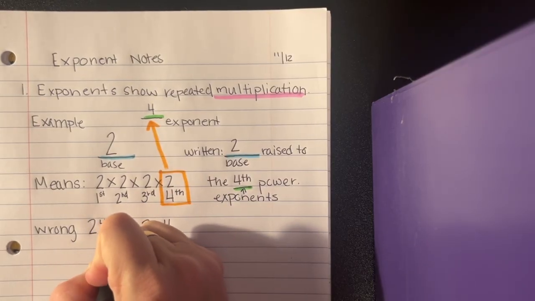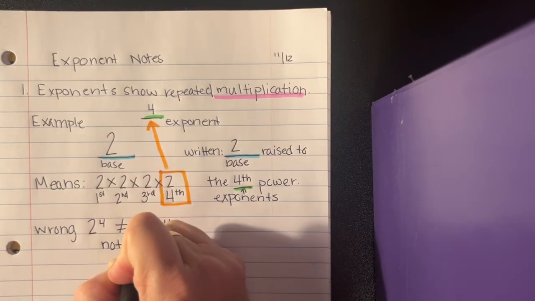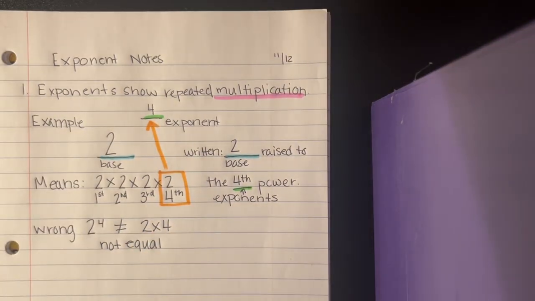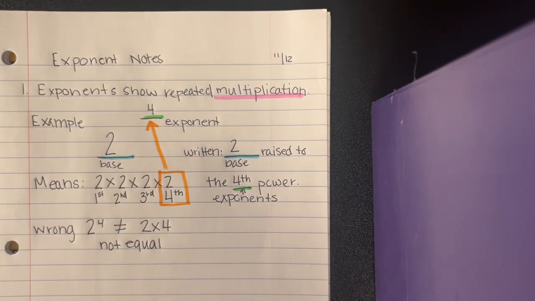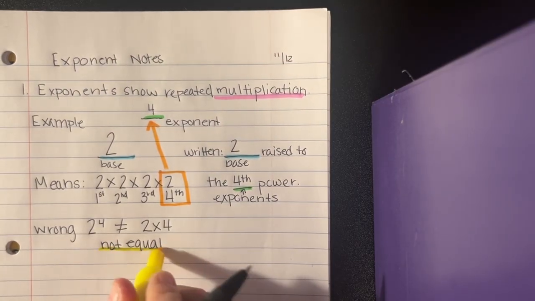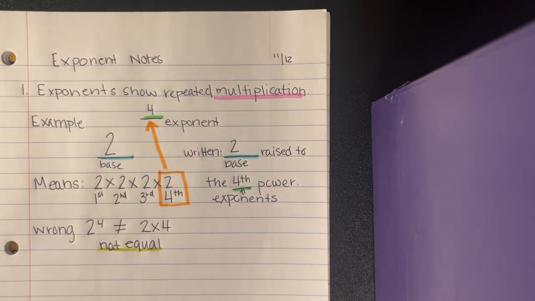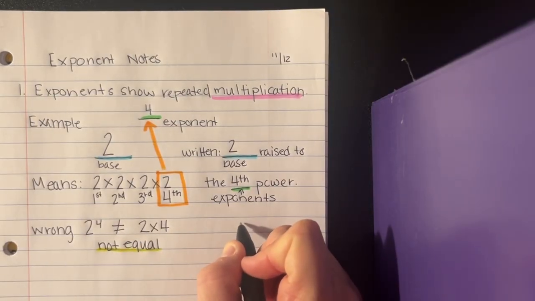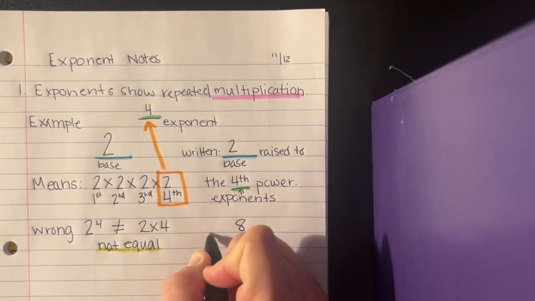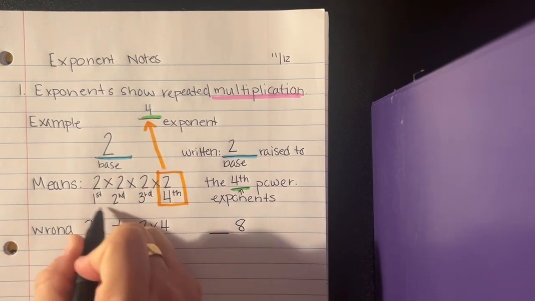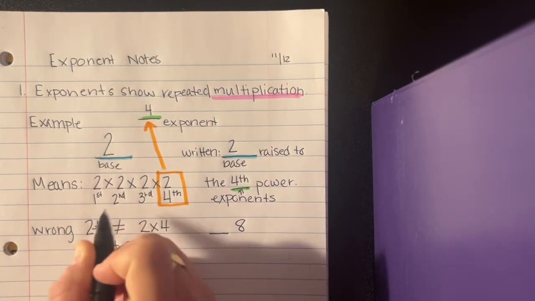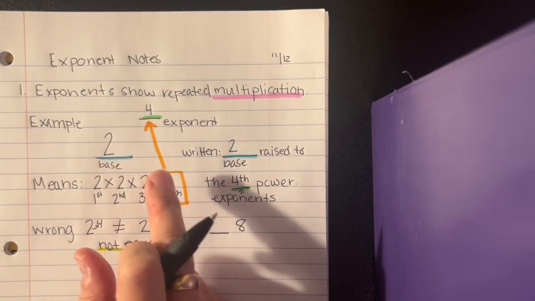That's what we would call not equal. They are not the same things, because we know 2 times 4 is the same as 8. And we know that 2 to the 4th power means 2 times 2 times 2 times 2.